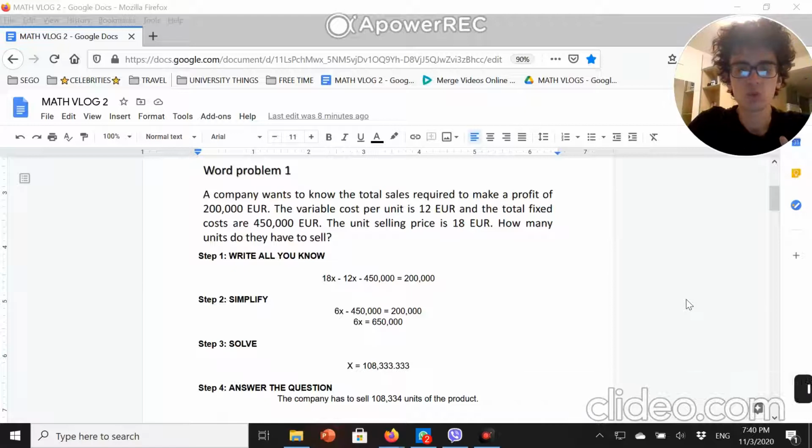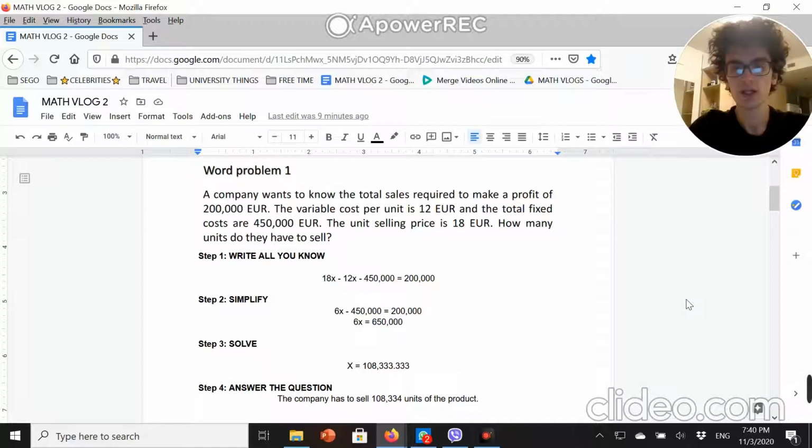When we're approaching a linear equation, we're just going to write everything that we know and then solve for x. We know that when we are looking for profit, the general equation is selling price minus costs. So that's how we're going to approach this exercise.